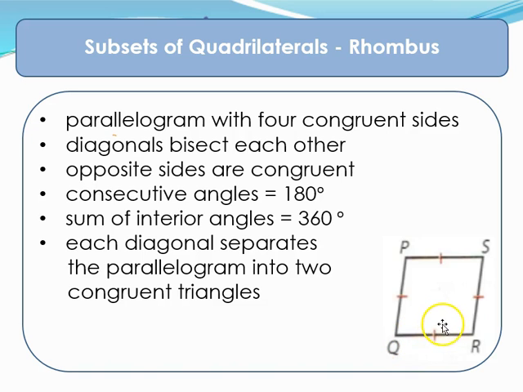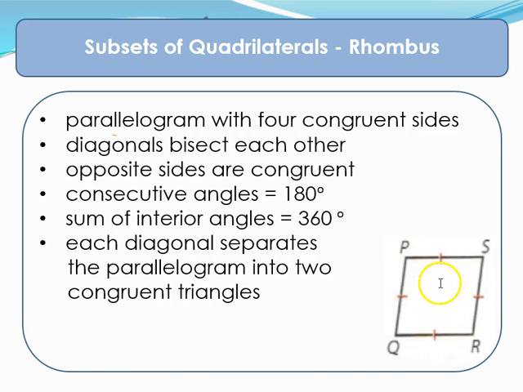We have the rhombus. The rhombus is a parallelogram with 4 congruent sides. So think about sides when you think about the rhombus. You have 4 congruent sides. The diagonals also bisect each other. Opposite sides are congruent. Consecutive angles are 180.